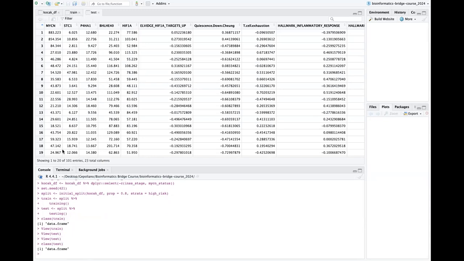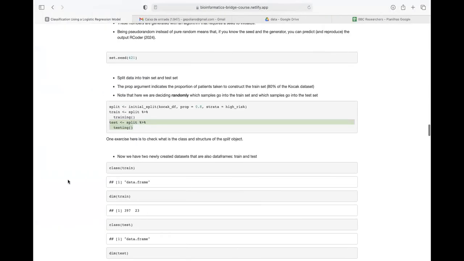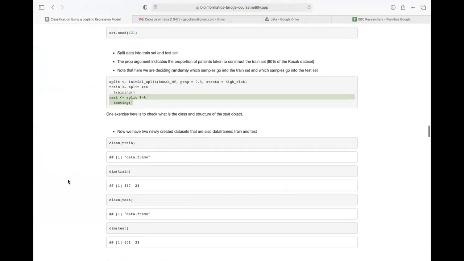It has 100 lines, and 20% of almost 500 is 100, so it makes sense that it has 20% of the data, because 80% of the data is being used to construct the train data set. Are you guys able to follow along?